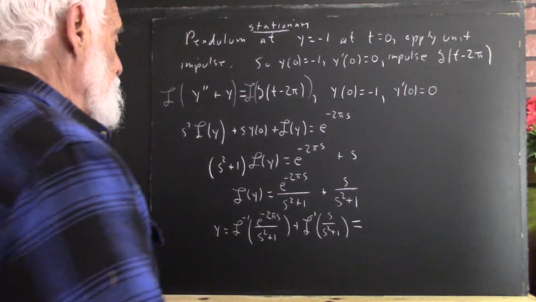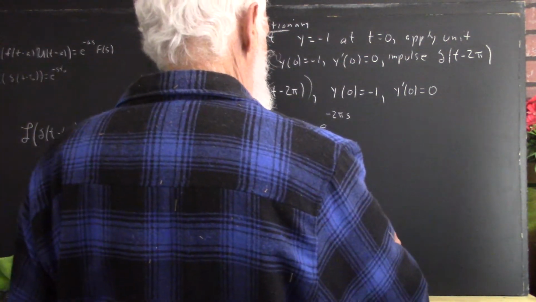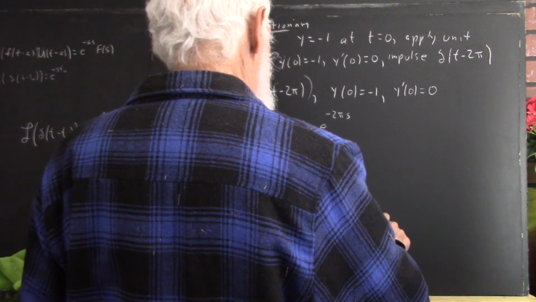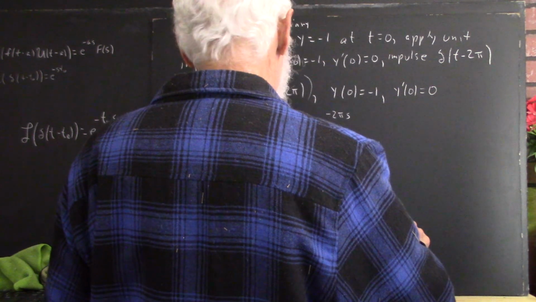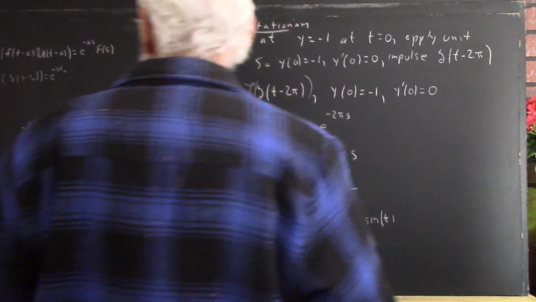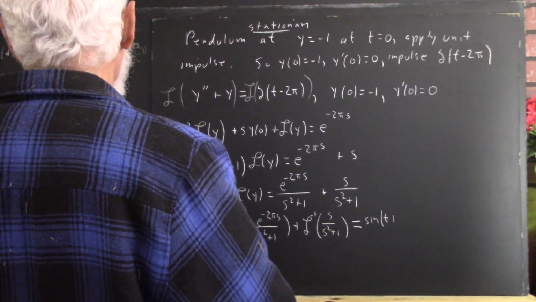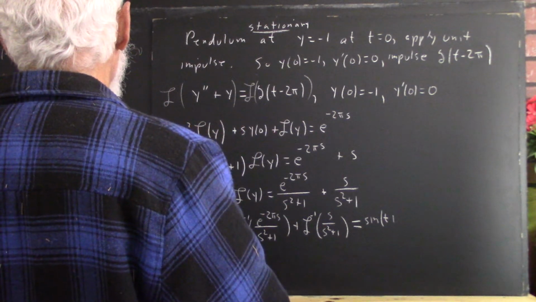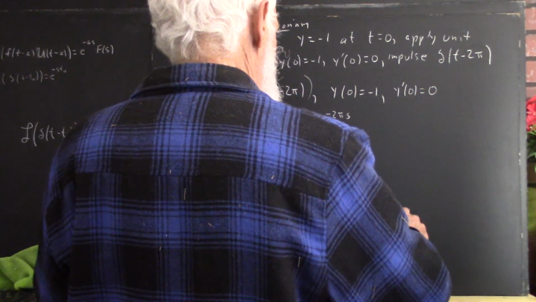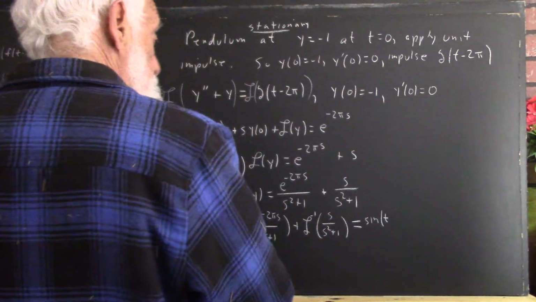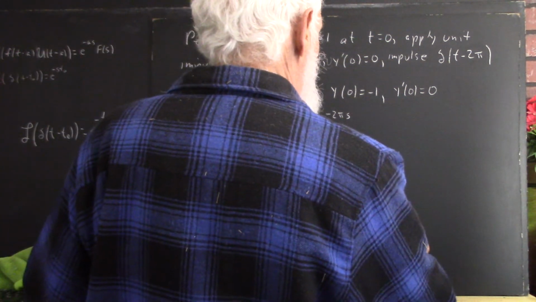Okay, so it's a sine of t shifted 2 pi units. Well, that would be written as sine of t minus 2 pi.